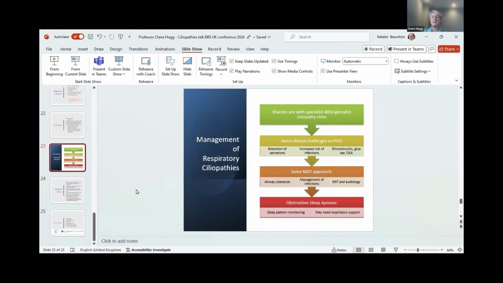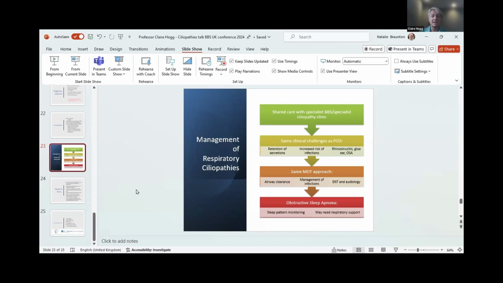And that might be part of their syndromic features without a respiratory ciliopathy, if that makes sense. But if they also have a respiratory ciliopathy, then they're more prone to having more severe obstructive sleep apnea. And so we monitor for that with sleep studies and managing their non-invasive ventilation if they require it.